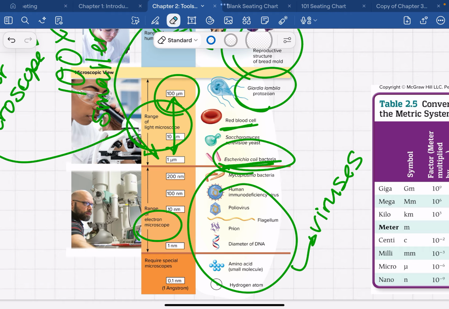What you do have to remember is that viruses are not visible with our light microscopes, okay? So you will never be able to see a virus in your regular lab class, because we use regular old light microscopes. If you want to see a virus, you have to have a special electron microscope, because viruses are about 100 times smaller than bacteria.